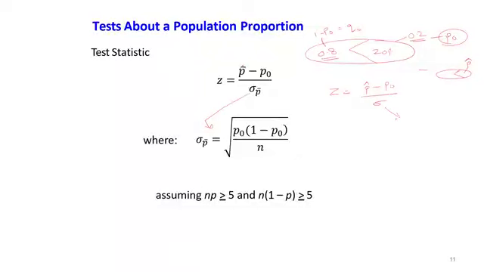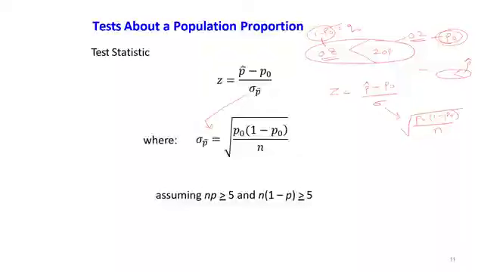Now sigma is derived from the multiplication of P0 and 1 minus P0. So the proportion of having that particular object and the proportion of not having that object, you will take the product of that. So P0 into 1 minus P0 divided by the sample size.